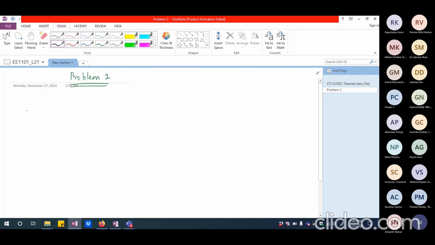A hysteresis loop is plotted with magnetic field intensity H in the x-axis, and the scale is 1 centimeter equal to 1000 ampere per meter.